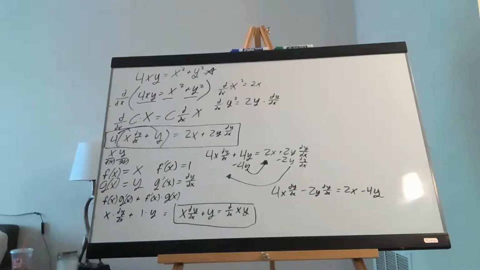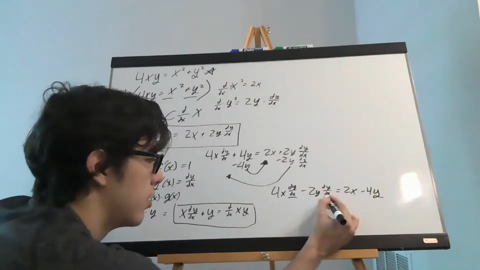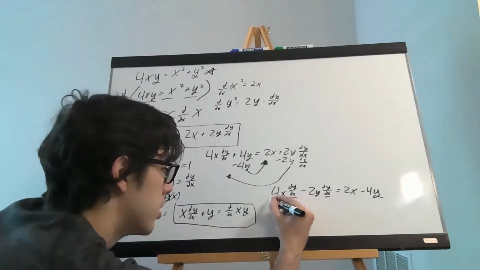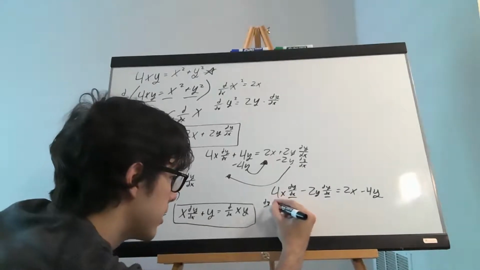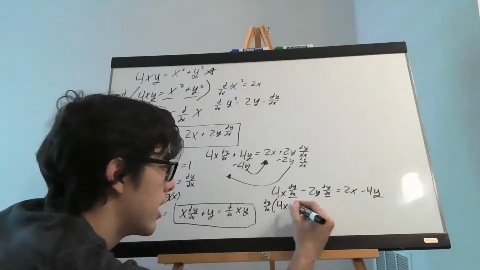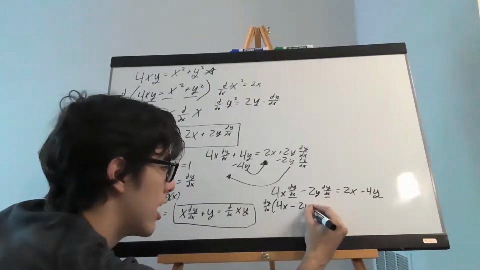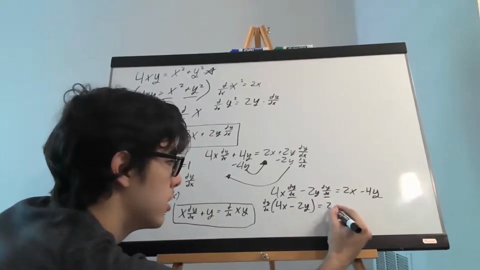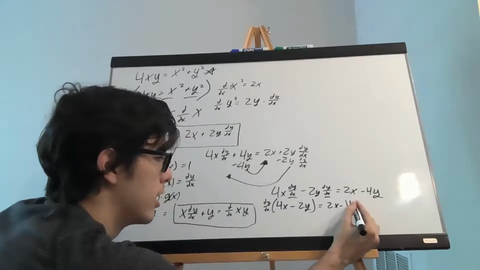And from here, our problem is rather easy to solve. The first thing we're going to do, obviously, is factor out this dy/dx. That's going to bring us down to here, dy/dx times (4x minus 2y) is equal to 2x minus 4y.